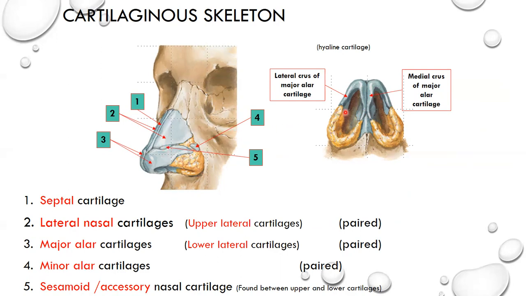For the major alar cartilage, it is made of lateral and medial crus. So, the major alar cartilage consists of lateral crus and medial crus.